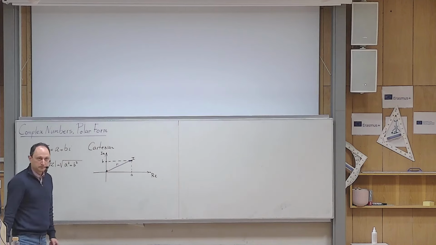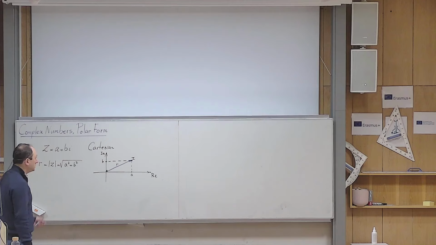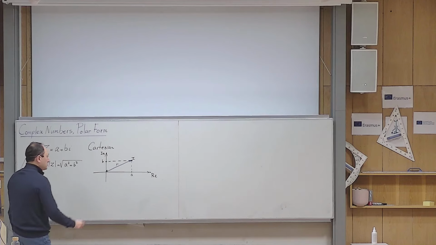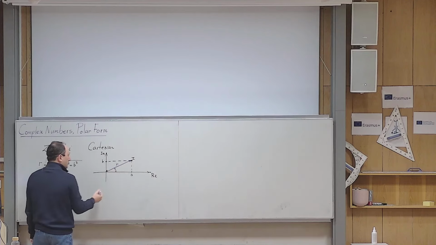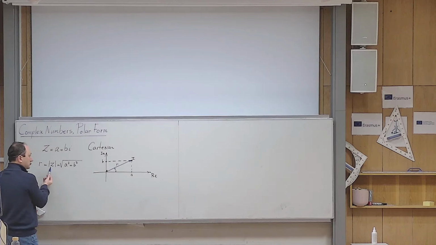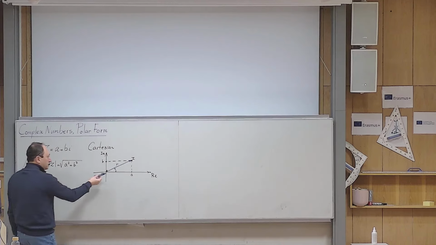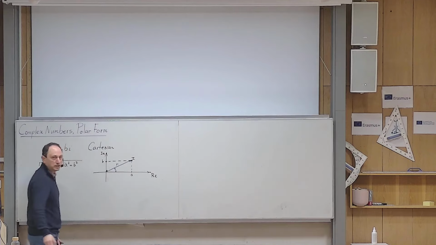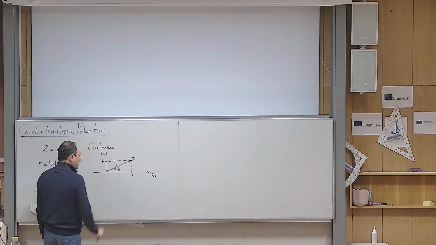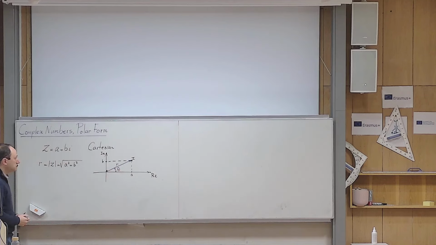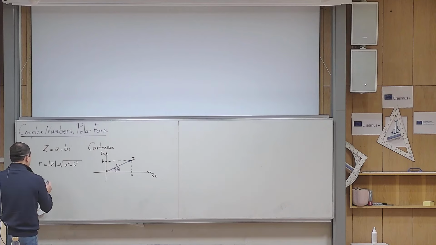There is one new terminology that I want to introduce, and that is the angle that this blue vector, the vector representing the complex number on the complex plane, makes with the positive part of the real axis. This angle is theta. This angle has a name, and it is called the argument of the complex number.